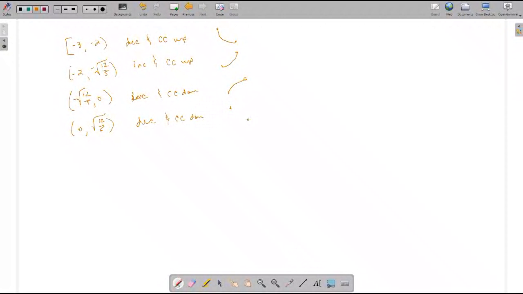So now I'm decreasing and concave down. From root 12/5 to 2, I'm still decreasing, but now I'm concave up.